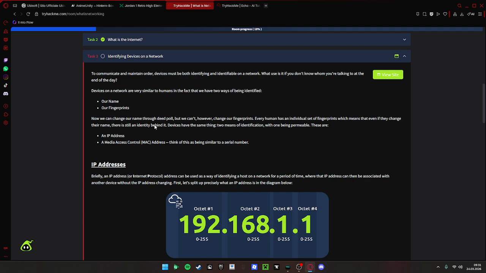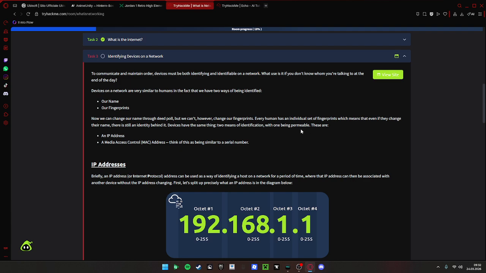We can change our name through a deed poll, but we cannot change our fingerprints. Every human has an individual set of fingerprints, which means that if they change their name, there's still an identifier behind it. Devices have the same: two means of identification, one of which is permanent.